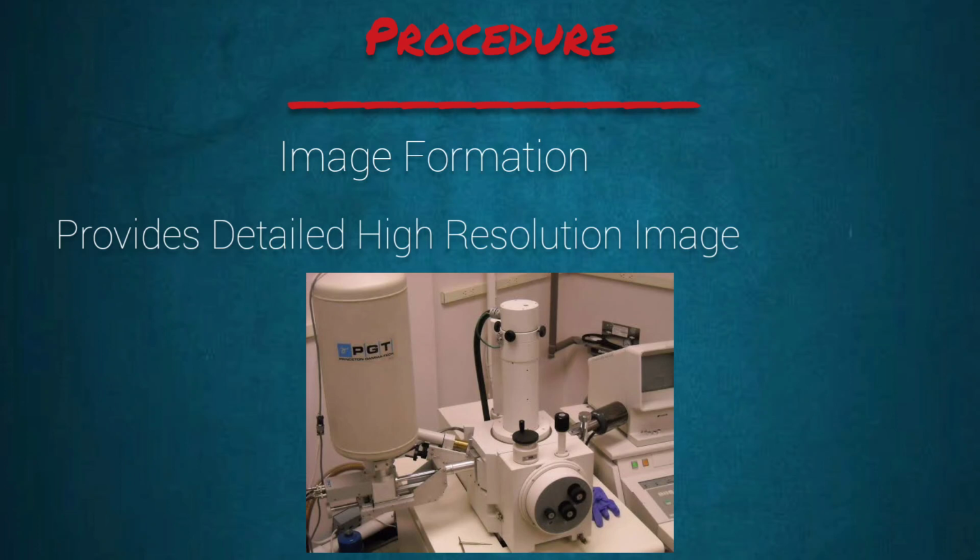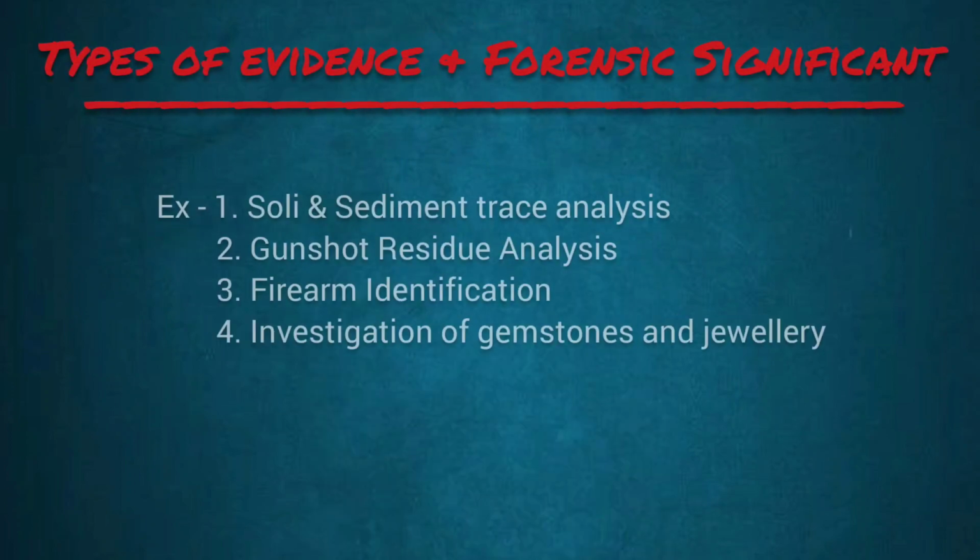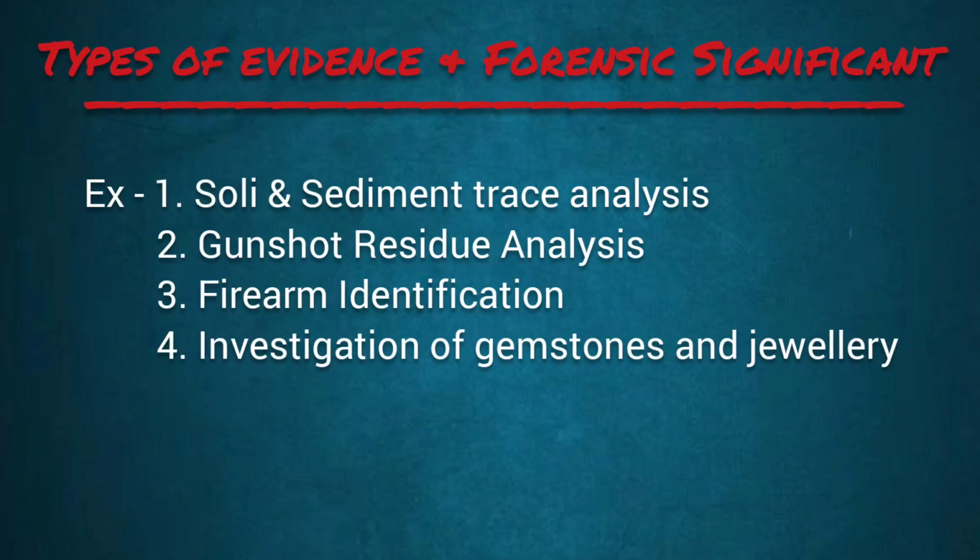SEM provides detailed high-resolution images of the sample by rastering a focused electron beam across the surface and detecting secondary or backscattered electron signal. An energy dispersive X-ray analyzer (EDX or EDA) is also used to provide elemental identification and quantitative compositional information. Next, types of evidence and forensic significance.